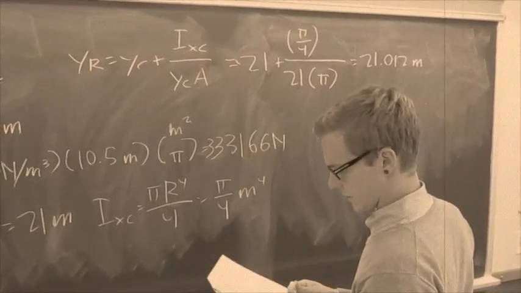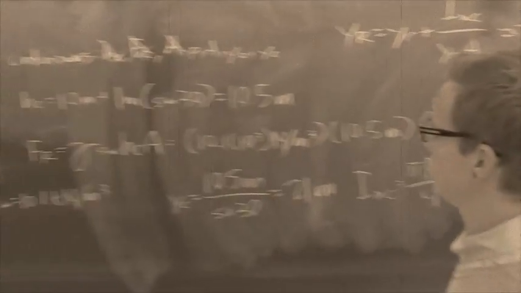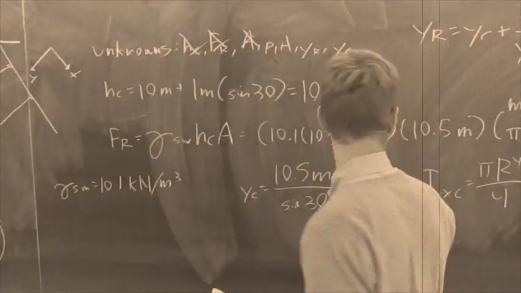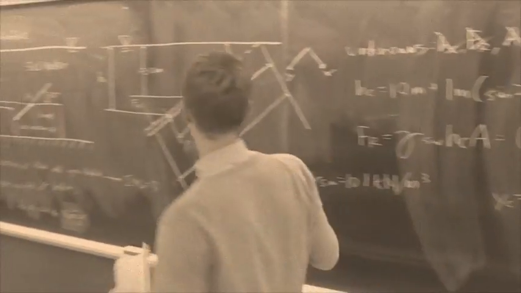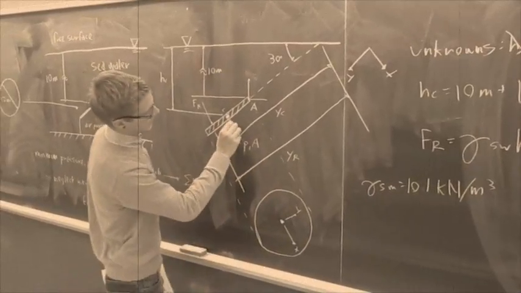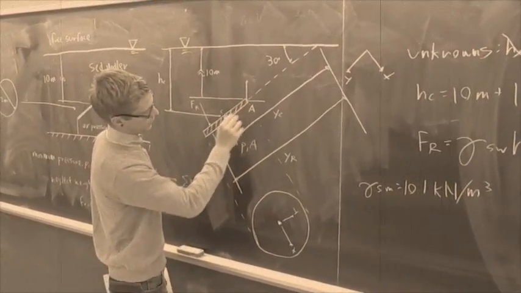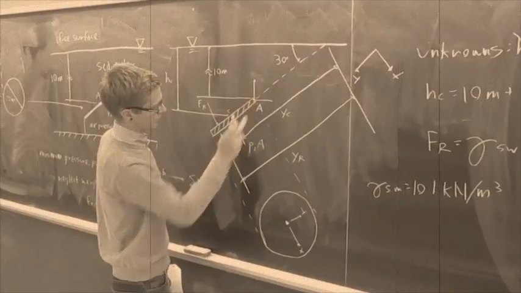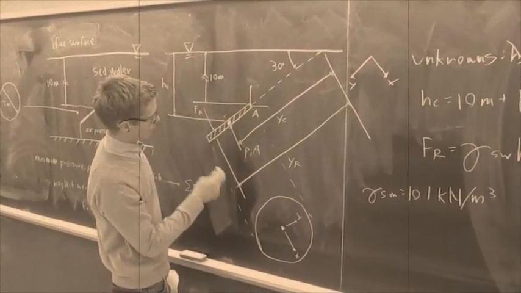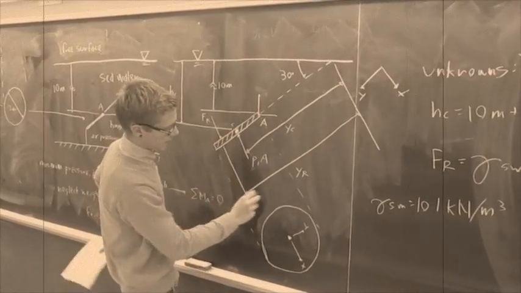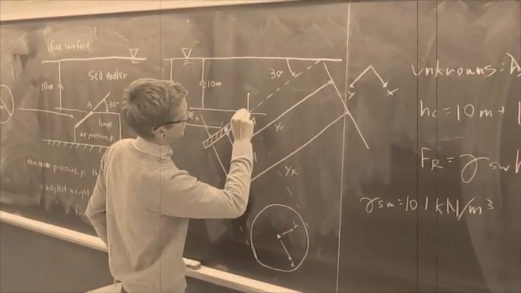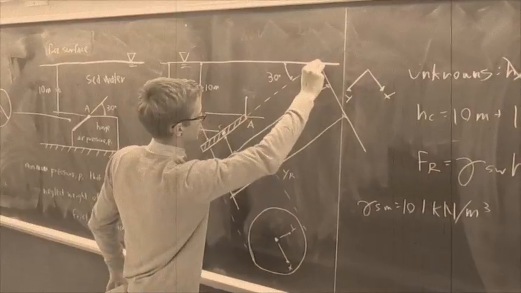Then all you really have to do is plug it in to get the sum of moments about A equal to 0. So you need two distances. You know P1A acts at a distance which is equal to the radius from point A. Then you have Fr, which will act at a distance of Yr minus the distance from the hinge to the surface of the water.